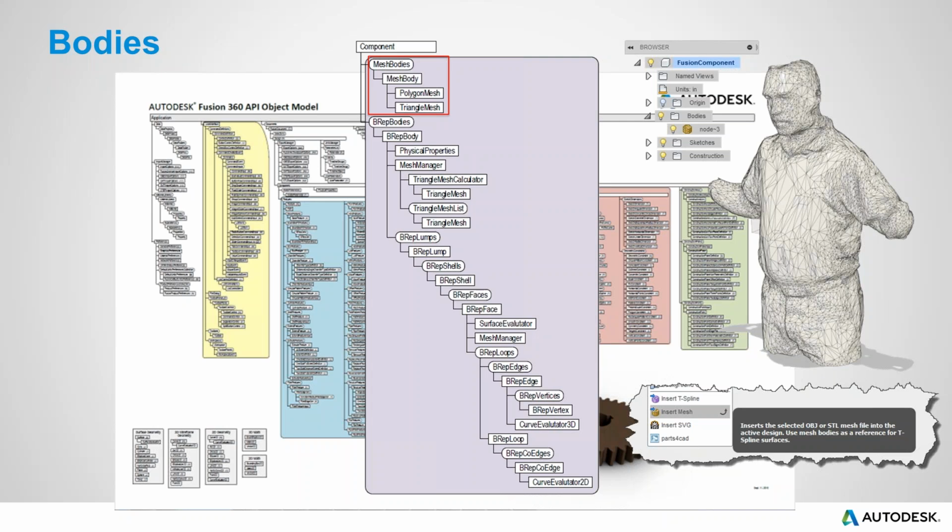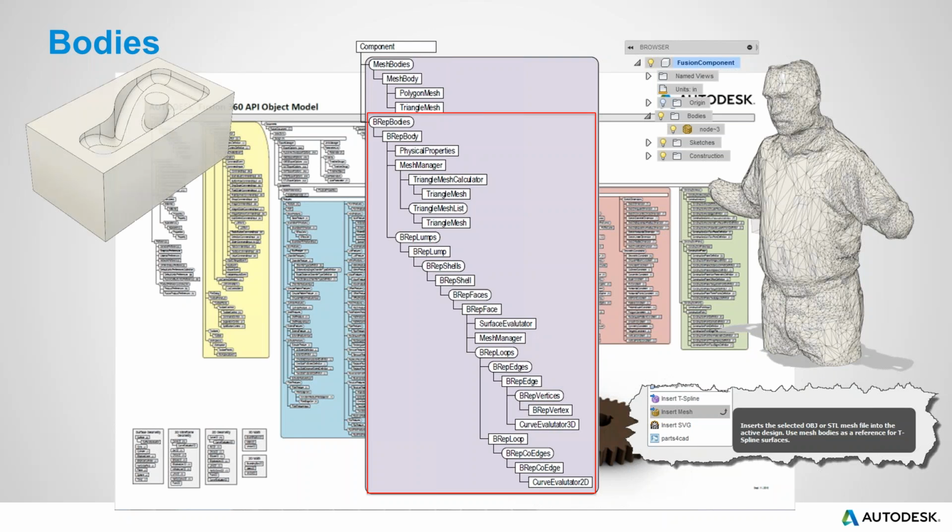So that's exposed through the API, so you have access to any meshes that the user has created. And then kind of more important is this BREP body. That gives you access to the model geometry.